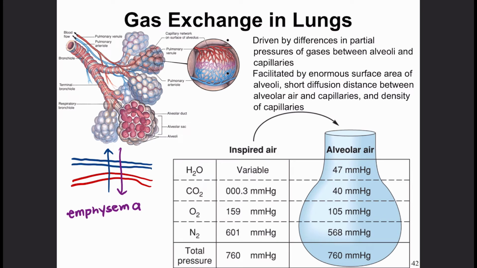So not only do we have a large surface area of lung tissue because of these grape-like structures of the alveoli, notice how many capillary networks we have surrounding each alveolus. There is a huge density of capillaries here which assist in this gas exchange.